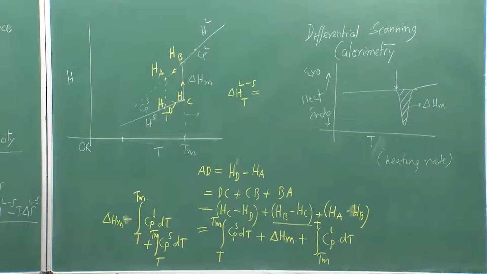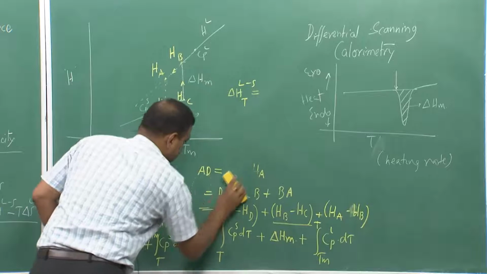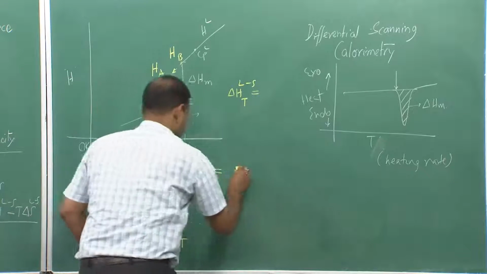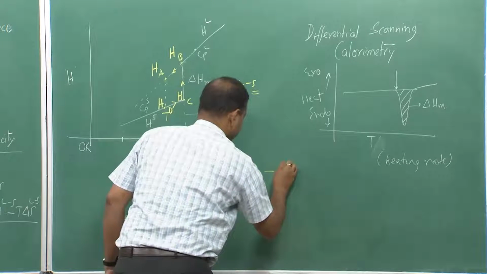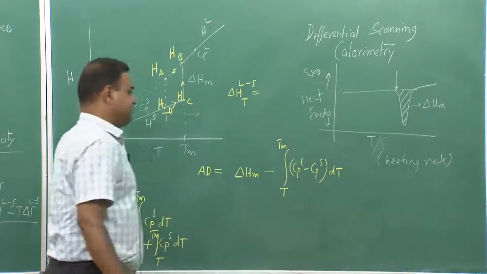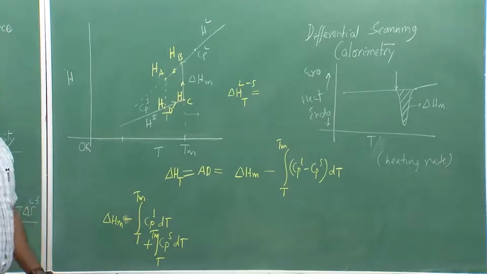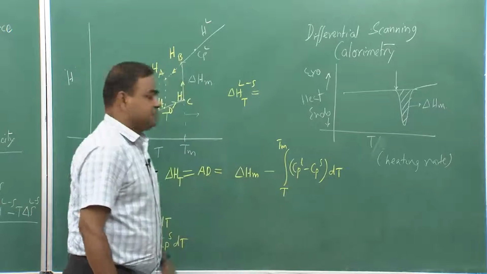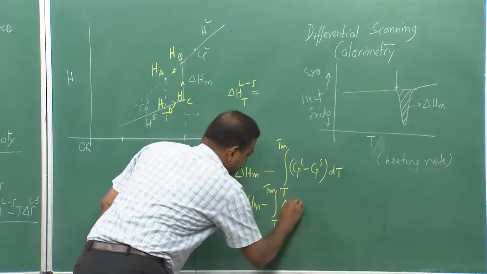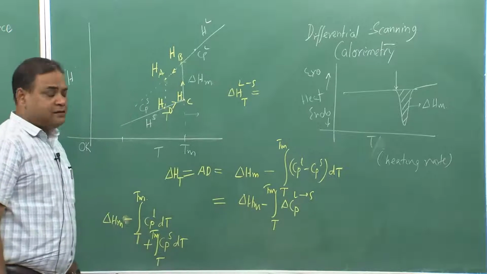I can just make a little adjustment, and this becomes del H m minus the integral from T to Tm of (Cp L minus Cp S) dT, and if this difference is del H T, then del H T equals del H m minus the integral from T to Tm of del Cp dT, since it is liquid to solid, okay.